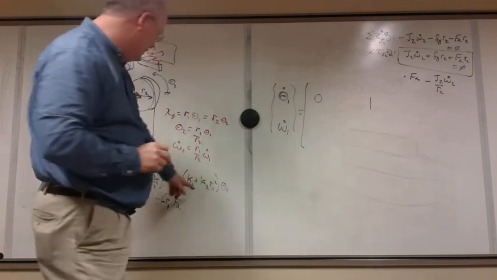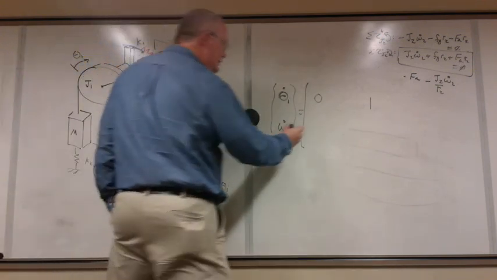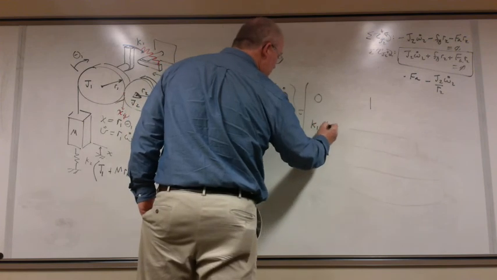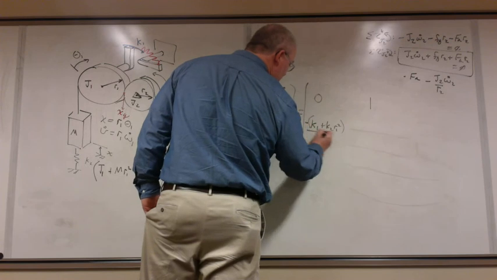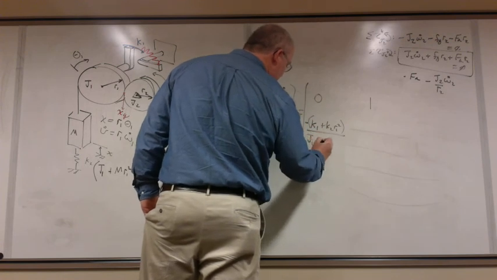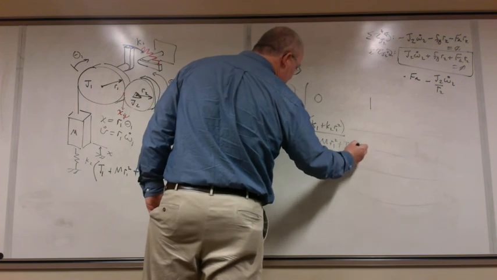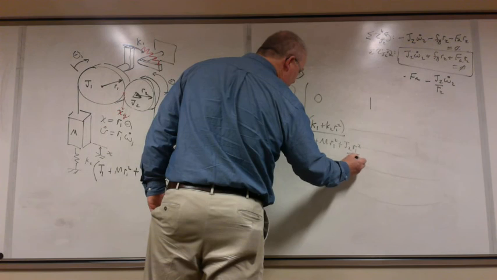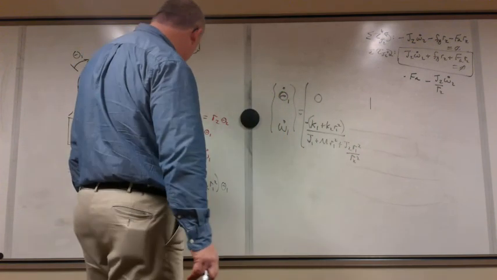And let's see, our theta 1 term is going to be negative K1 plus K2 R1 squared, all over J1 plus M R1 squared plus J2 R1 squared over R2 squared. Yep, got that right.